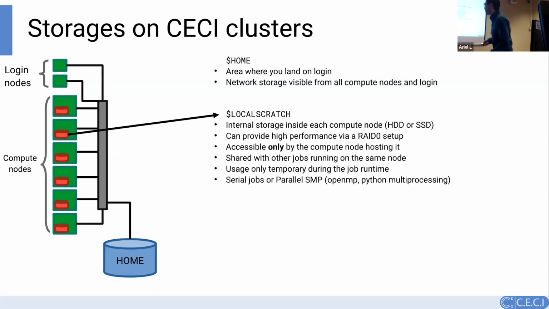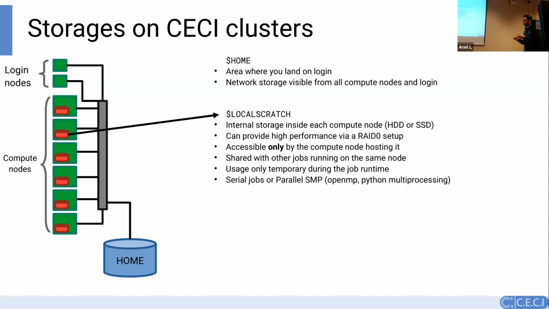So the first kind of storage space that we have on the CECI clusters, which we name local scratch, is actually storage units that are physically inside each of the compute nodes. So they are like local disks on your computer.